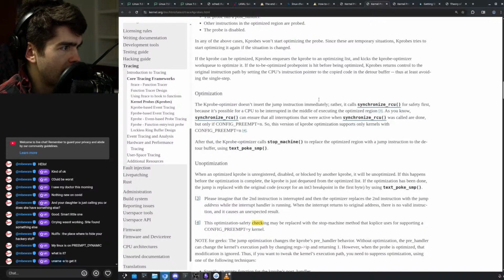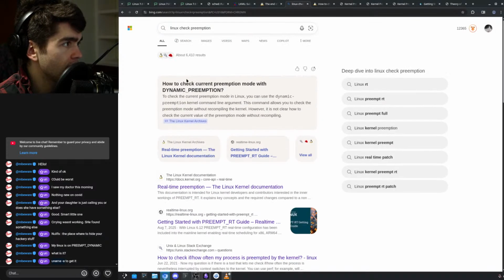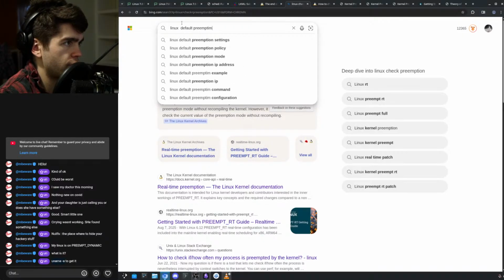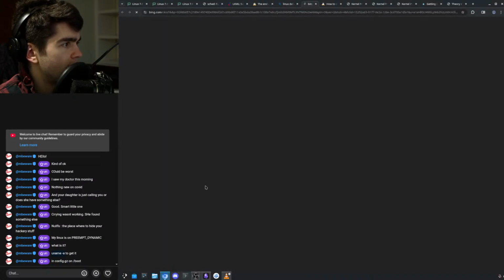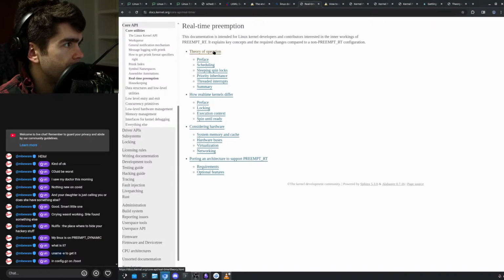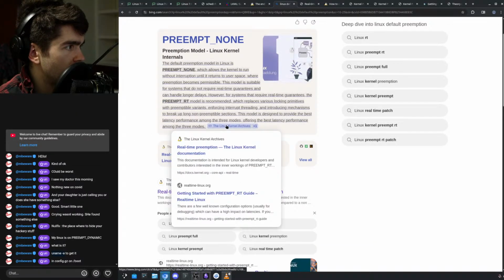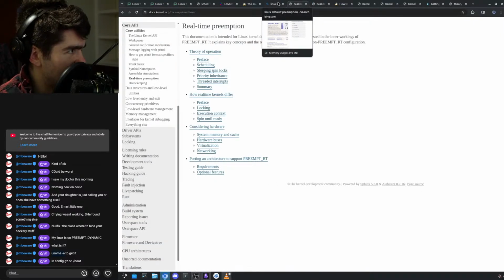Are you mentally ill? Anyway. Linux default preemption. No, it's not none. Where do you get that information? Oh my god.